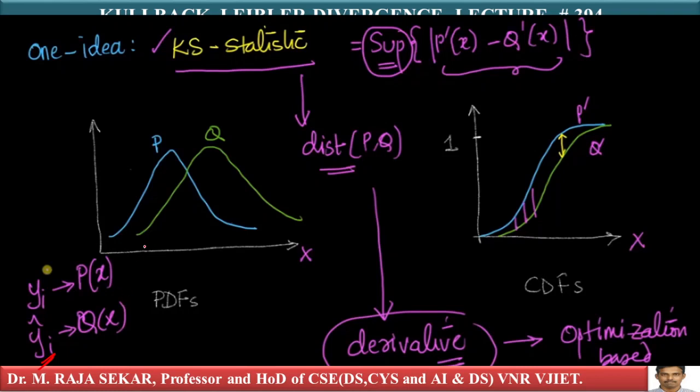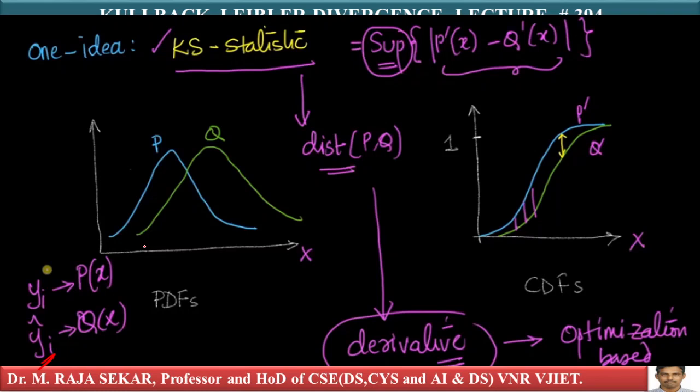Now, if I want to compute the loss function between both of them, I can always use distance. If I want to use optimization based methods, the loss function between y and yi hat should be differentiable. That's where the idea of KL divergence comes.